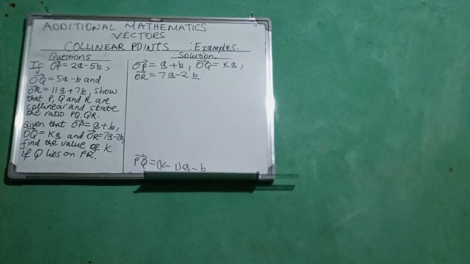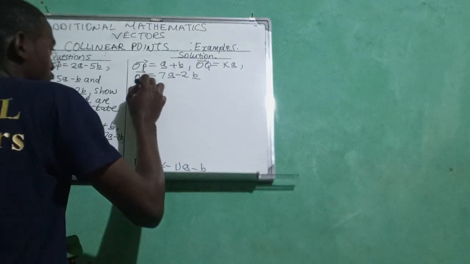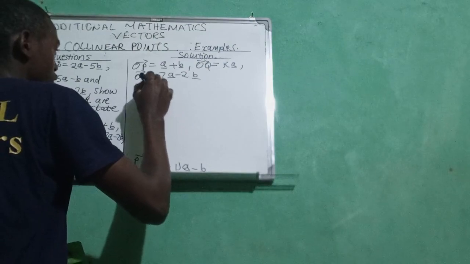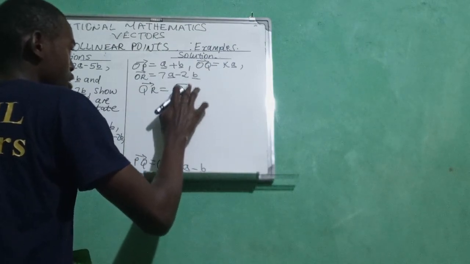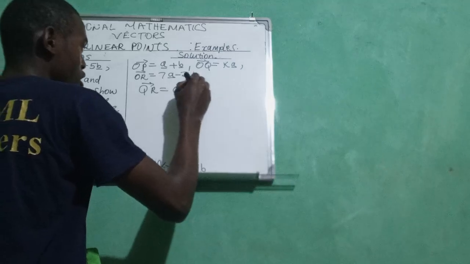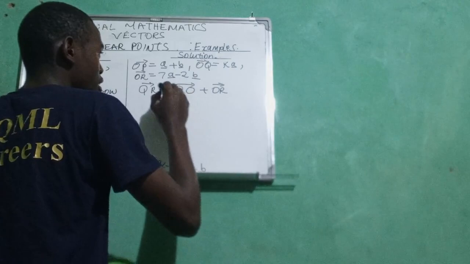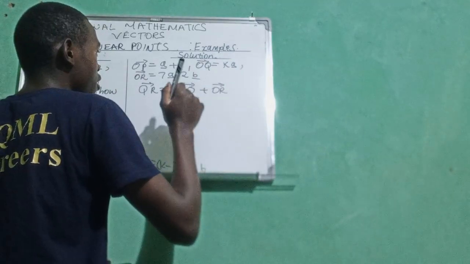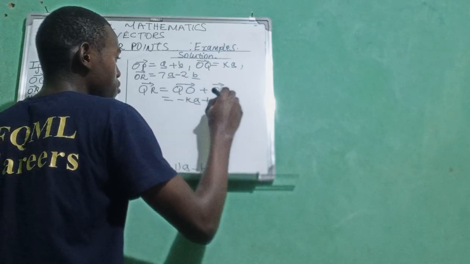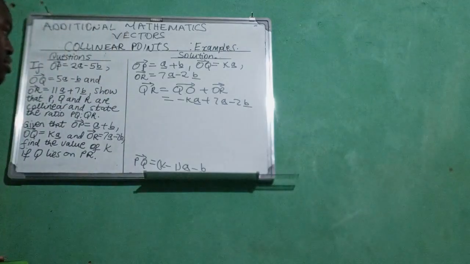So QR is equal to QO, sorry for that, QO plus OR. QO is minus K of vector A, OR is plus 7 of vector A minus 2 of vector B, like that.